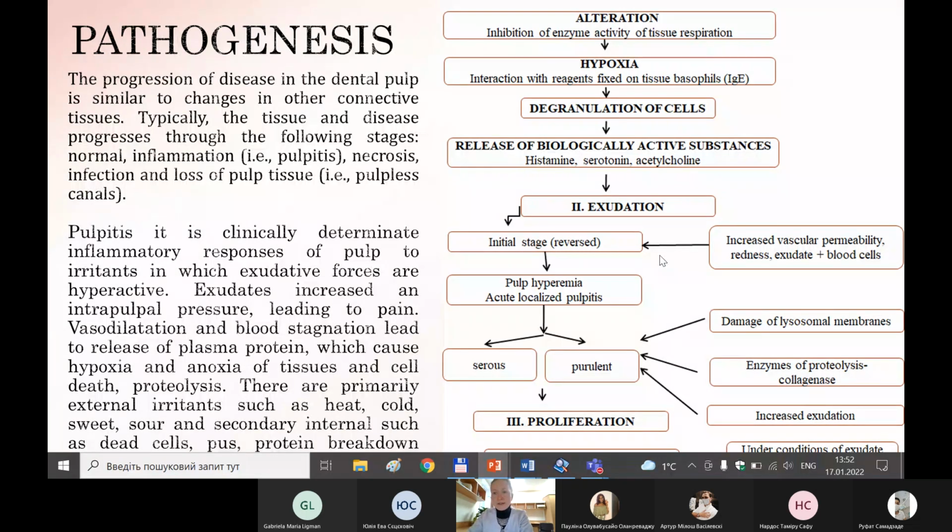So how everything starts: alteration, hypoxia, degranulation of cells, release of biologically active substances, histamine, serotonin. Next stage, exudation. We have the initial stage, which can be reversed. Then it progresses into pulp hyperemia, acute localized pulpitis. It is divided into serous and purulent type of inflammation and proliferation.